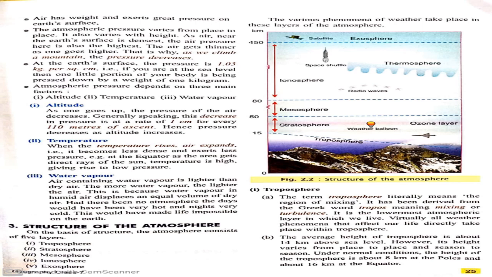So here we need to remember that troposphere is the lowermost atmospheric layer in which we all live, and all the weather related effects can be seen in the troposphere only. Then the average height is about 14 kilometers, and 8 kilometers at the poles and 16 kilometers at the equator.